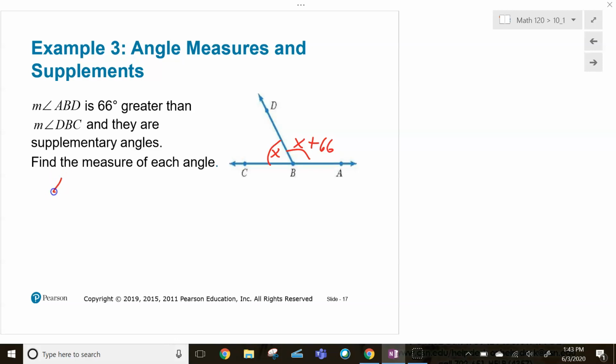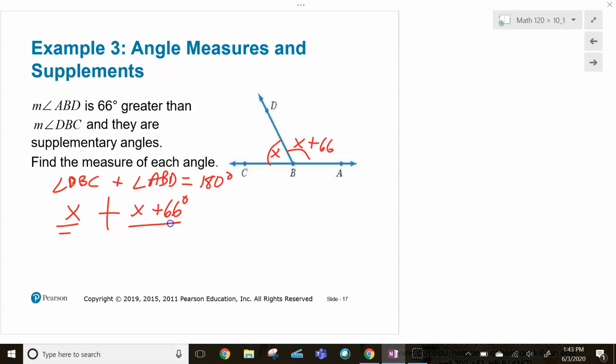We know angle DBC and angle ABD are supplementary, so they add up to 180. We don't know what DBC is, but we know ABD is 66 degrees more than DBC.